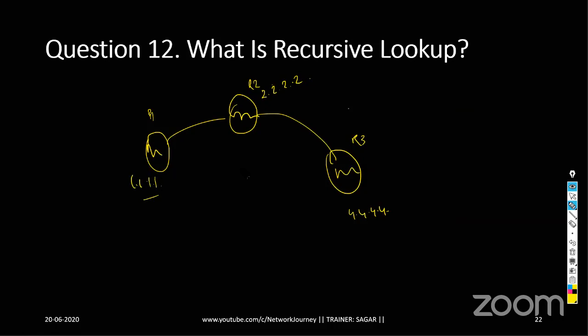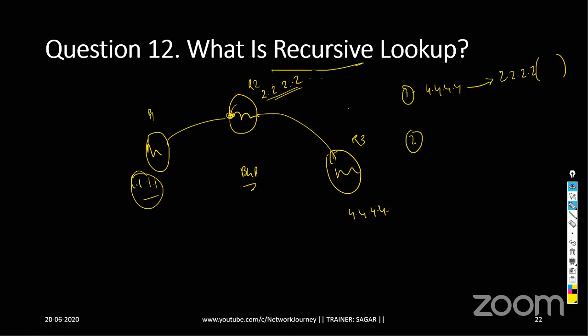Let me tell you, in case of BGP, we call it a recursive lookup because it checks twice in its routing table. The first time it checks how to reach the destination. Let's say the destination is 4.4.4.4. Who is going to send me to 4.4.4.4? It's 2.2.2.2, so this is the next hop I can see. The second lookup is, how do I reach this 2.2.2.2?